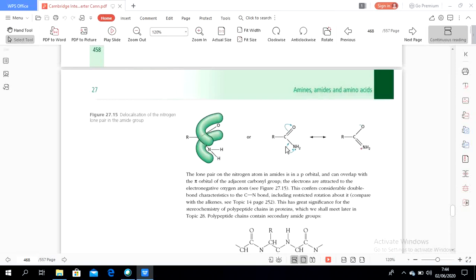That makes the electron of the carbon be taken by the oxygen. It is called an electronegative pull. And then the lone pair of the nitrogen goes inside.